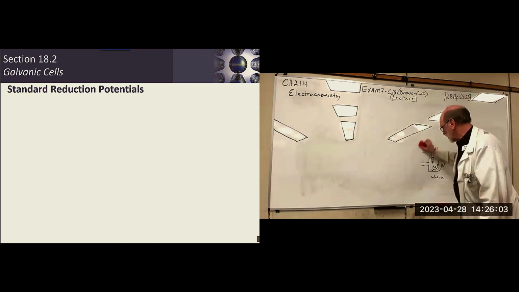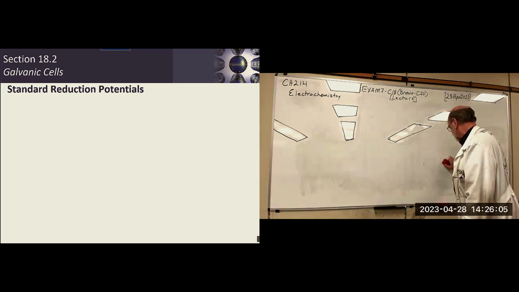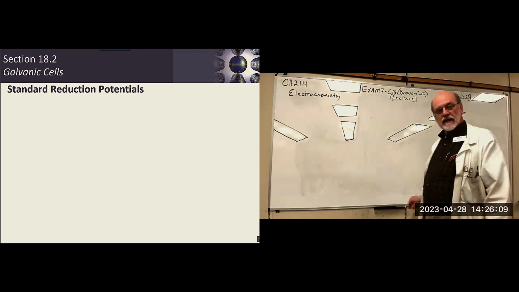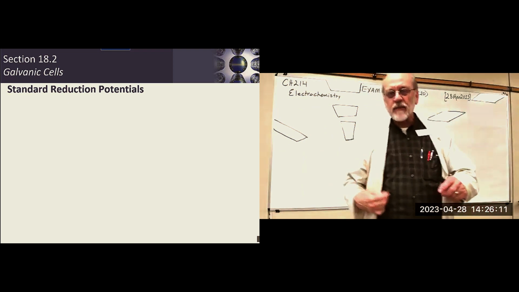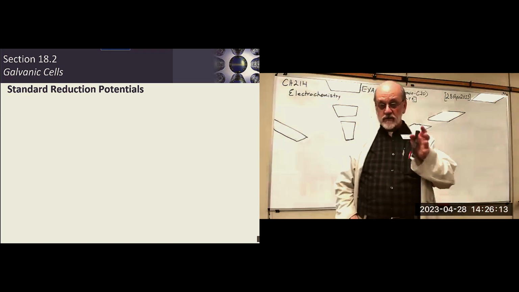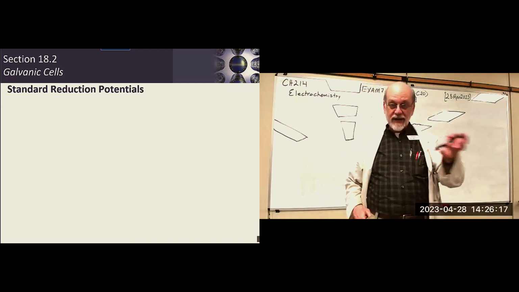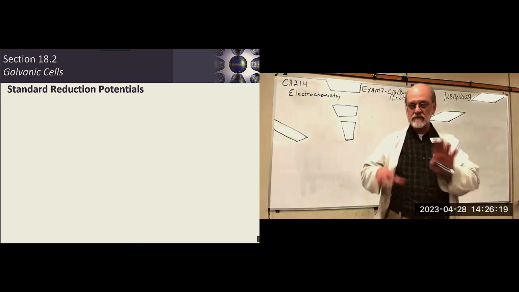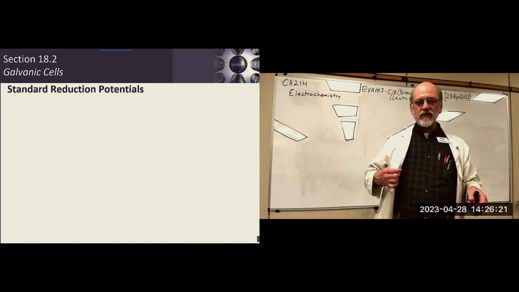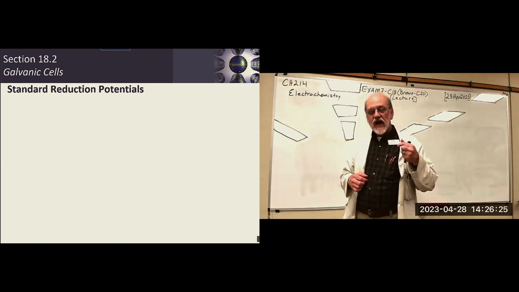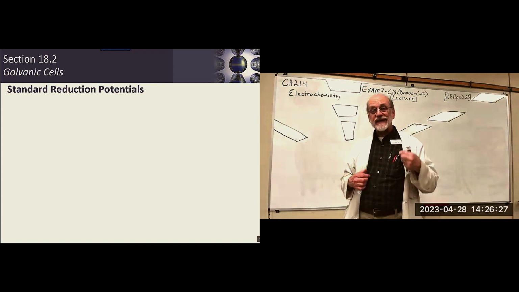So let me explain what the reduction potential means. When you go to a reference table, and there's one in your textbook, and there's one here that I've extracted from my textbook and put in these slides, the standard reduction potential is not something that you do independently.